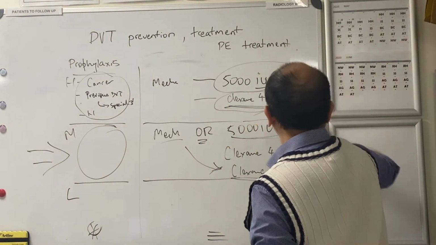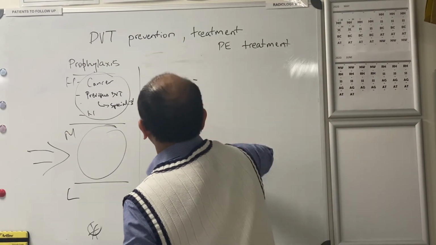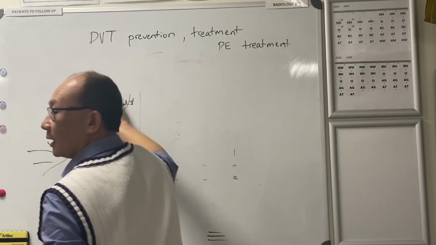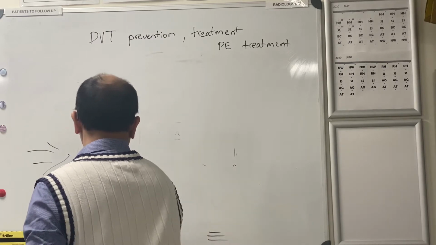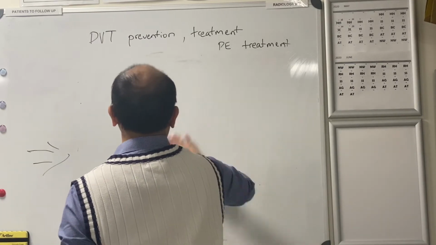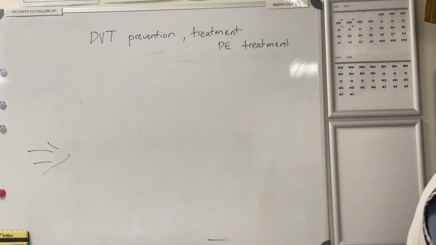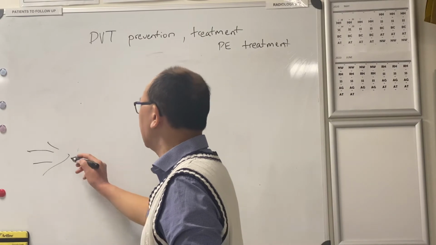So you know all about DVT prophylaxis now. How do you treat a DVT? Sophia? So you can treat it with the same medications that we were just talking about, so heparin or Clexane. Well, the question is first, do you need to treat it? That's a good question. When do you need to treat a DVT?